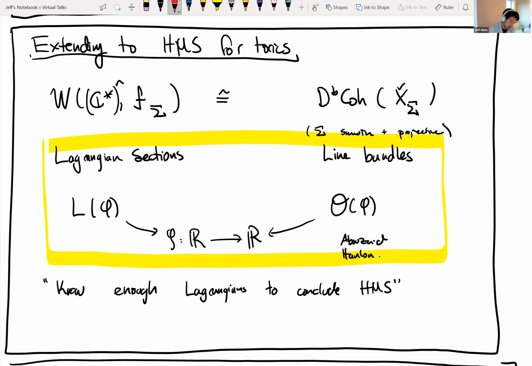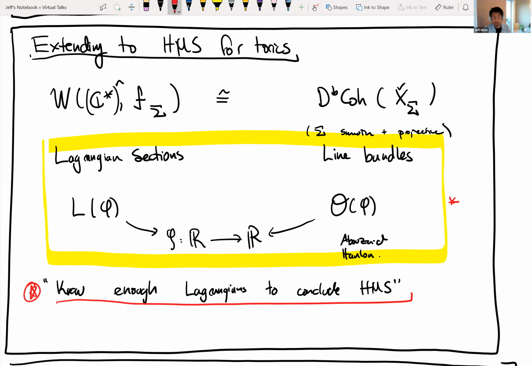Now, the thing which actually still needs to be proven is this last statement over here, which is that do we know enough Lagrangians from this matching to prove homological mirror symmetry for the entire thing? So this section about generating the Fukaya category, or is saying that Lagrangian sections tell you enough to conclude mirror symmetry is the problem which we're going to address.